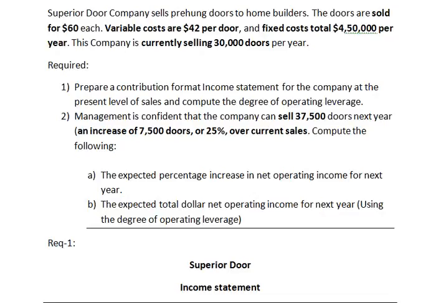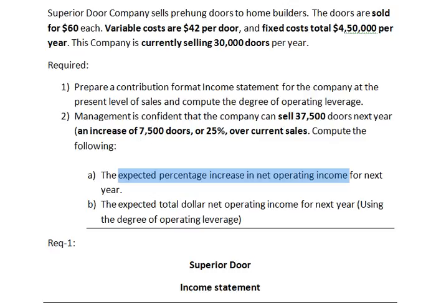Requirement 2 told us that management is confident that the company can sell 37,500 doors next year, an increase of 7,500 doors or 25% over current sales. So we need to find the expected percentage increase in net operating income.